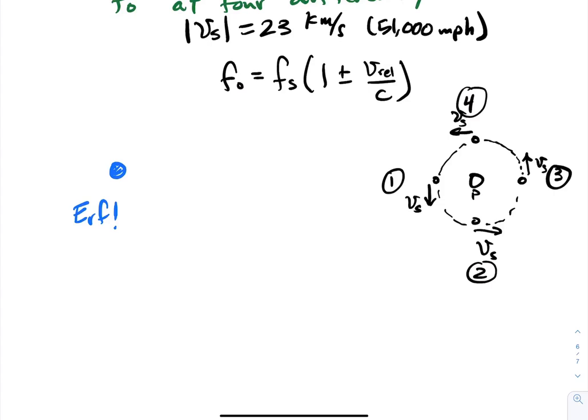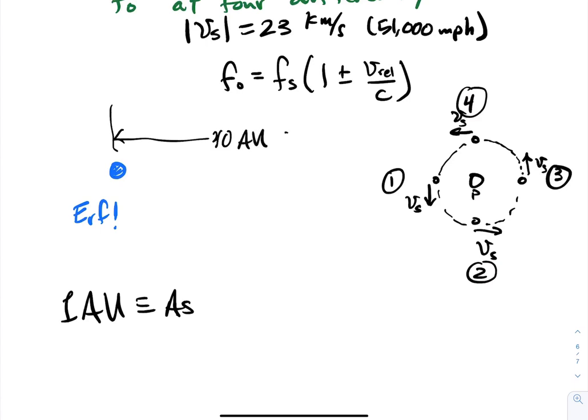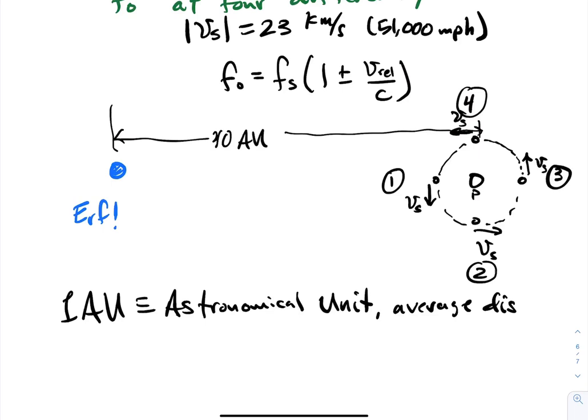We could also note that 1 AU is an astronomical unit. This is 40 AUs. It's actually 39 and a half about on average, but we like 40, it's easy. 1 AU is an astronomical unit. It's the average distance Earth is from the sun.